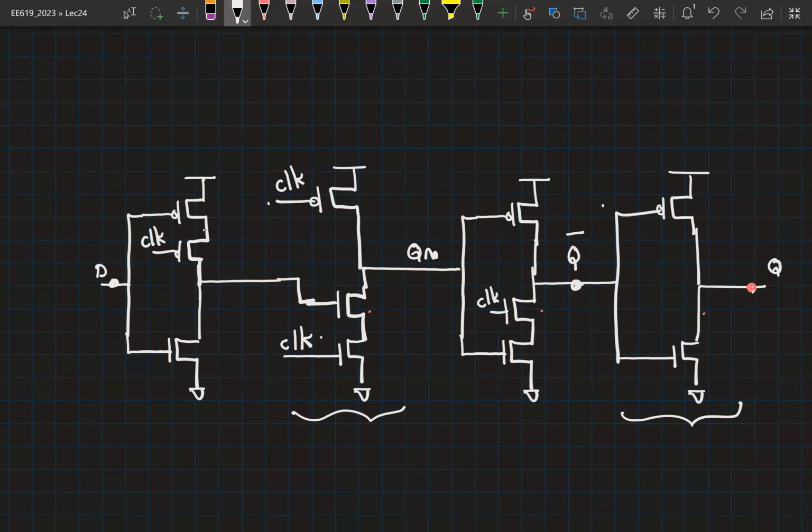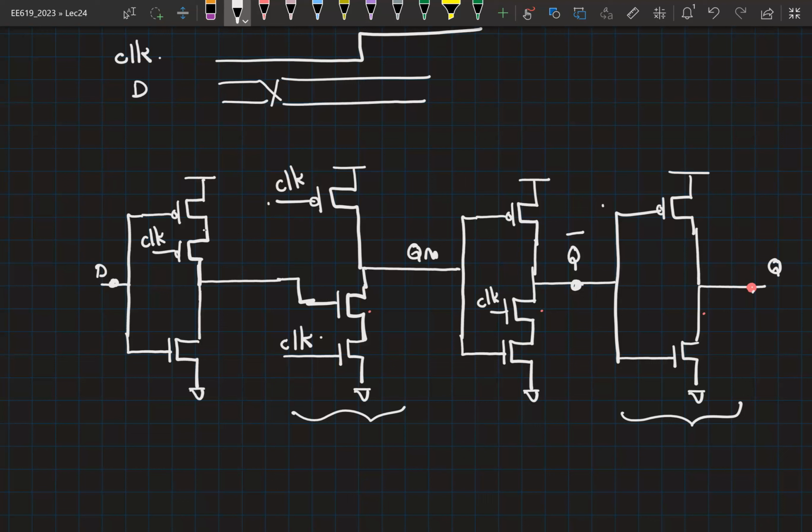Can you analyze what the circuit is doing? Right. So in particular, I want you to analyze for this case. Let's say I have a rising edge transition in clock. Okay. Let's say your data is set up much before the rising edge transition, and then it changes sometime after. So I want you to analyze how the circuit is behaving when clock is equal to 0, that corresponds to this phase, and when clock is equal to 1.